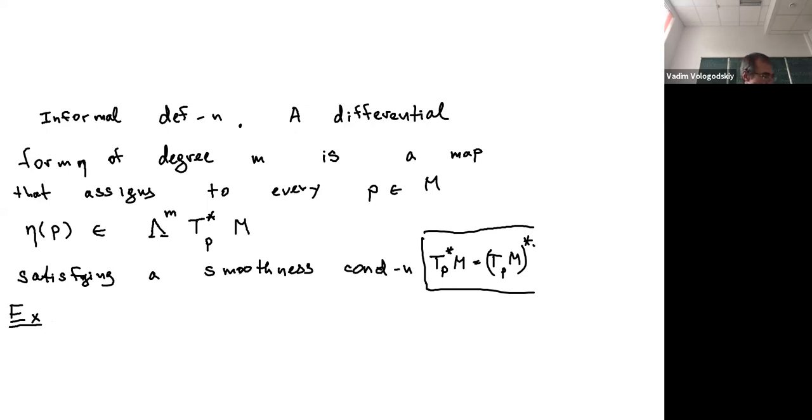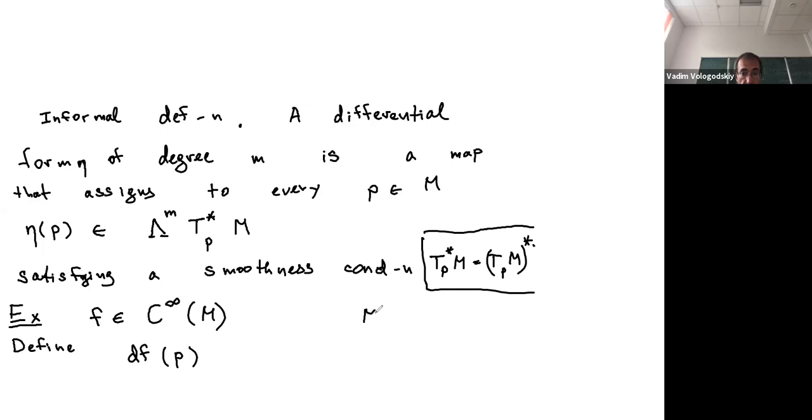So suppose I have a smooth function f. Then I will define for you a one form, so a differential form of degree 1, and its value at point P will be just the derivative of f.